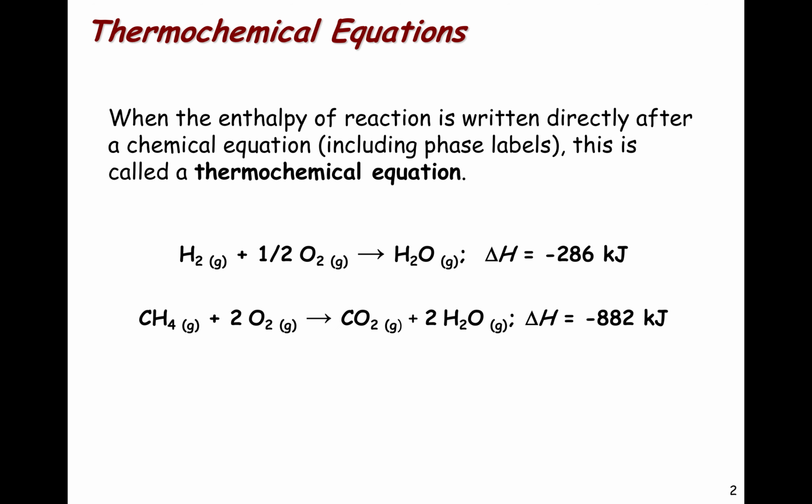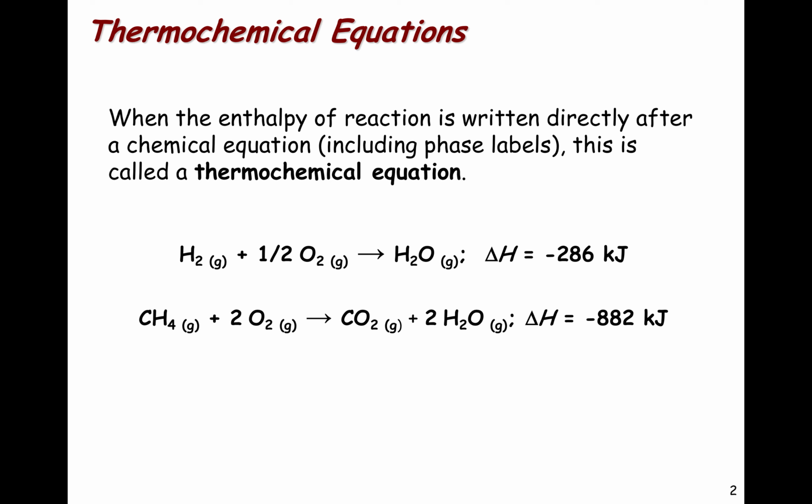Likewise, if we did the reaction where we did the combustion of methane, this particular reaction would produce carbon dioxide and 2 moles of water. In this case, the delta H is also negative because it's an exothermic reaction.